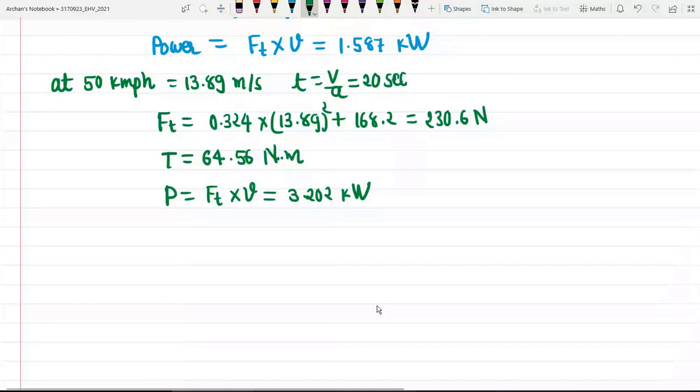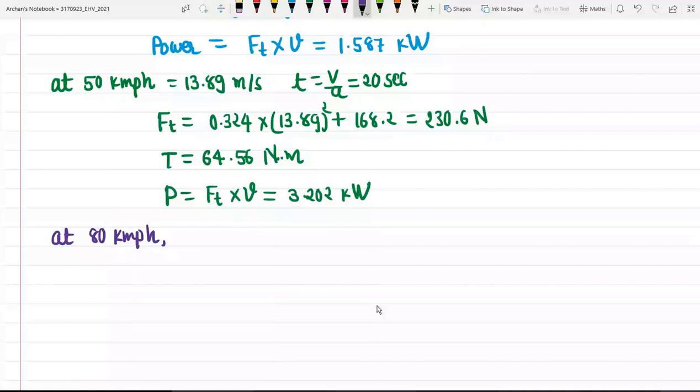And then the third case, where my velocity is 80 kilometer per hour, which is 22.22 meter per second. What will be the time?